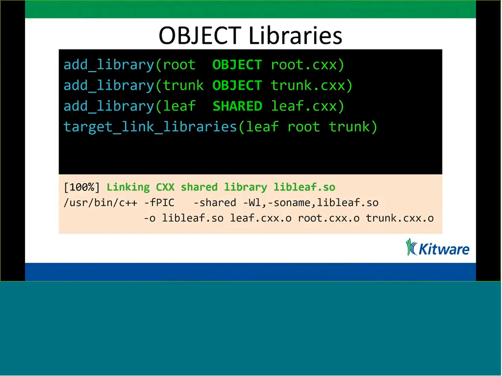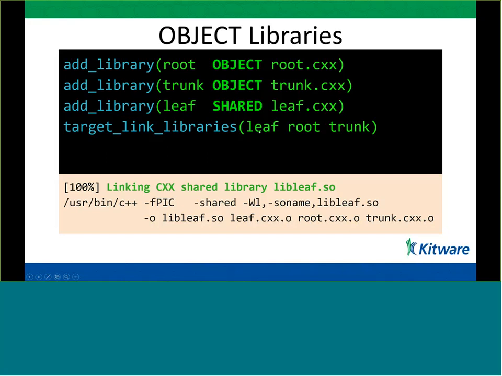CMake also supports object libraries, and what this means is instead of building to a shared library or a static library, you just create the .o files or .obj files, and then when you link against them, you can see down here it links just the .o files.